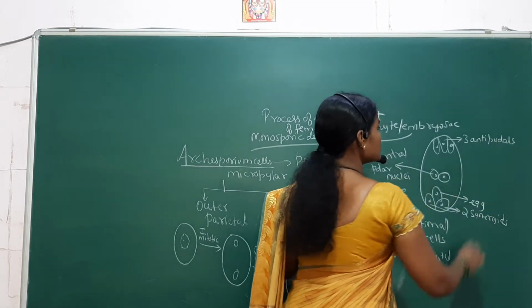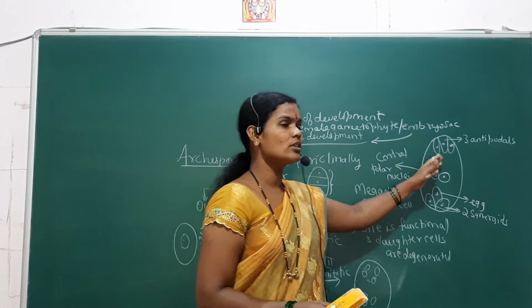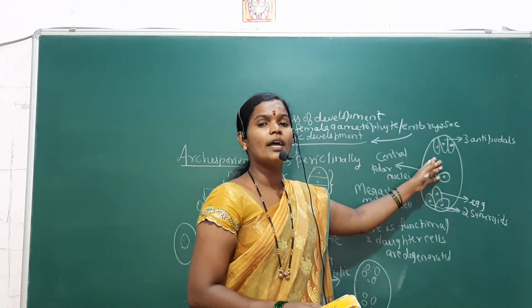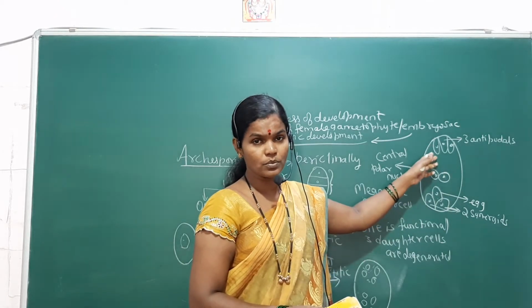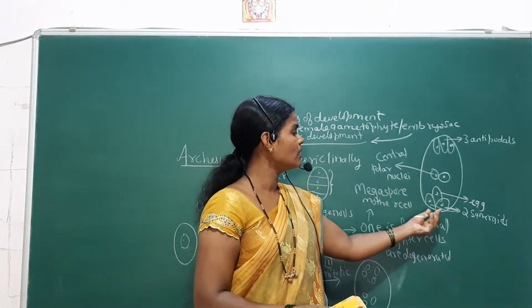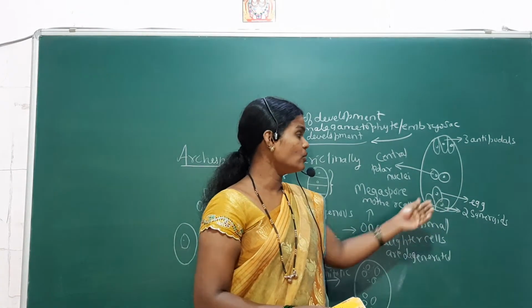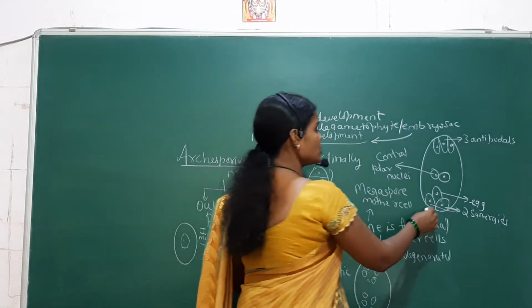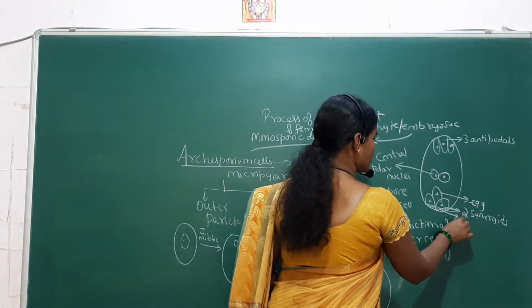As I have already told you, antipodal cells are the larger cells and they act as vegetative cells which provide nutrition for the development of the zygote. Synergids are called helper cells or supportive cells, and below the synergids you can see proteinaceous fibrous thickenings called the filiform apparatus.